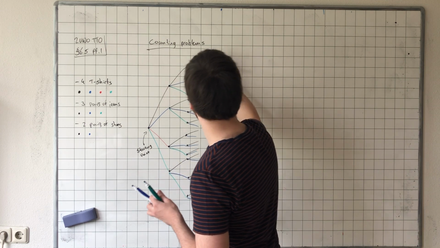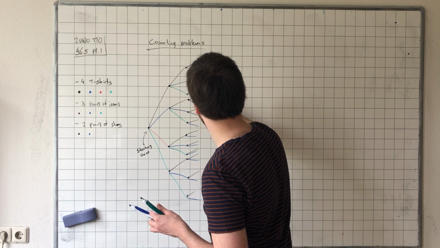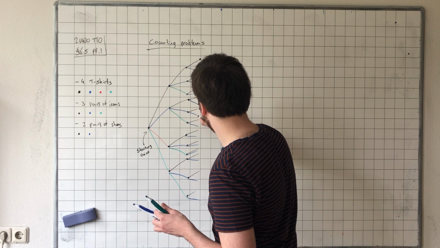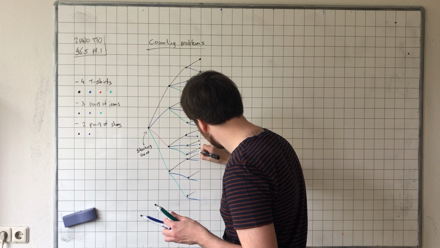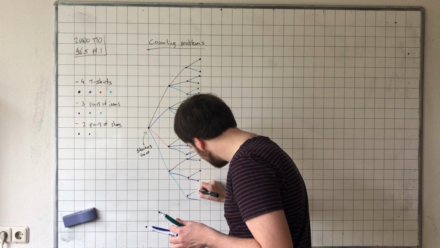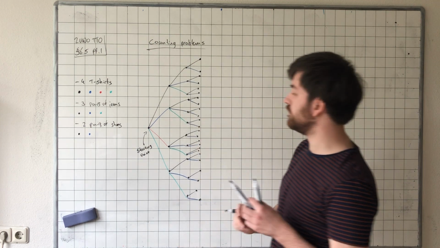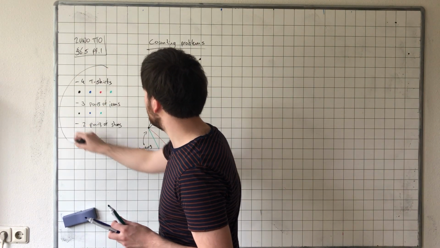Then we have 1, 2, 3, 4, 5, 6, 7, 8, 9, 10, 11, 12, 13, 14, 15, 16, 17, 18, 19, 20, 21, 22, 23, 24 different possibilities. Does that make sense with these numbers?